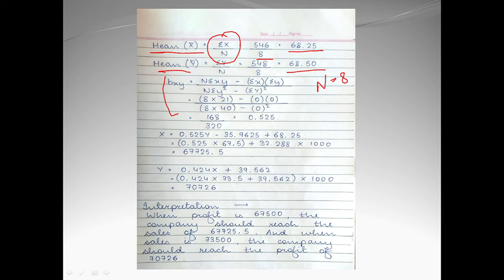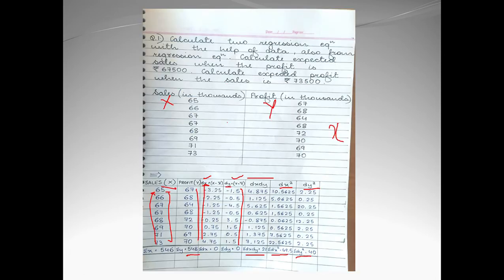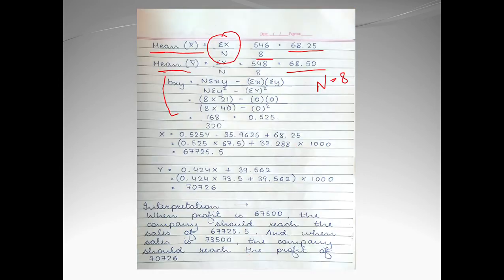So we have n equals 8. Now we need the summation of xy. Now this xy is nothing but the summation of dx and dy. So xy is also known as the dx and dy, not this and this y, just this dx and dy. Okay, so we'll take the summation of dx and dy, and that is 21.